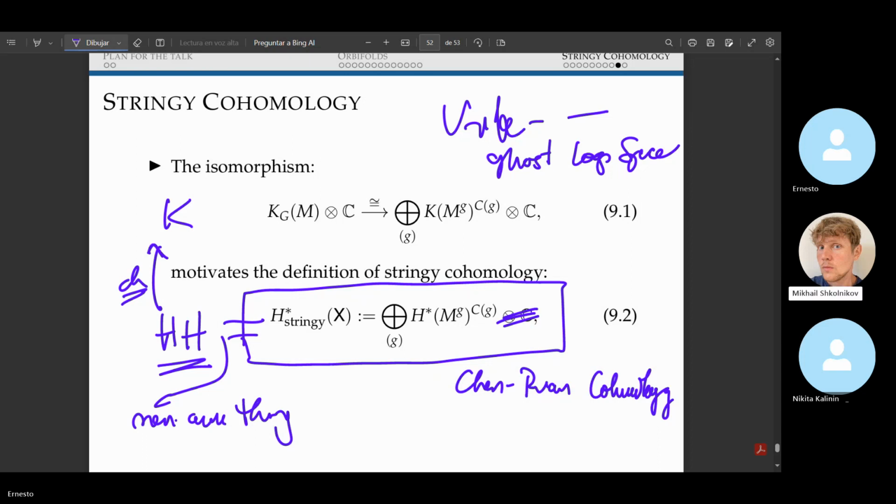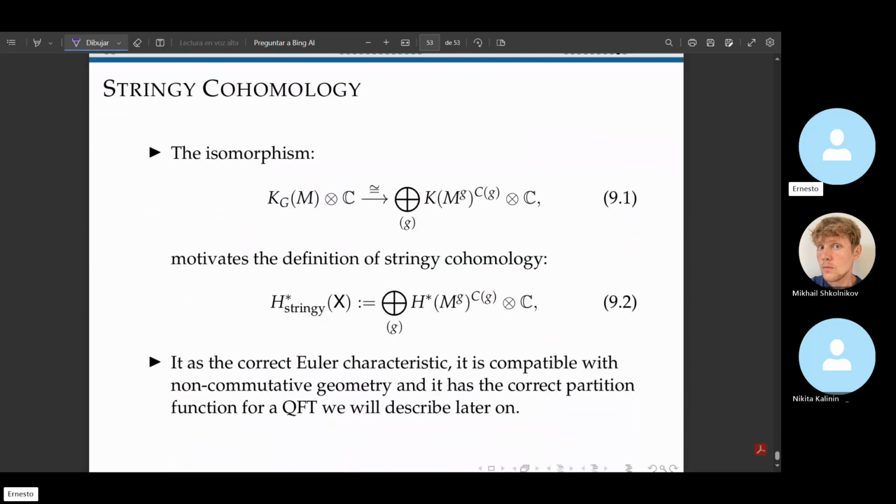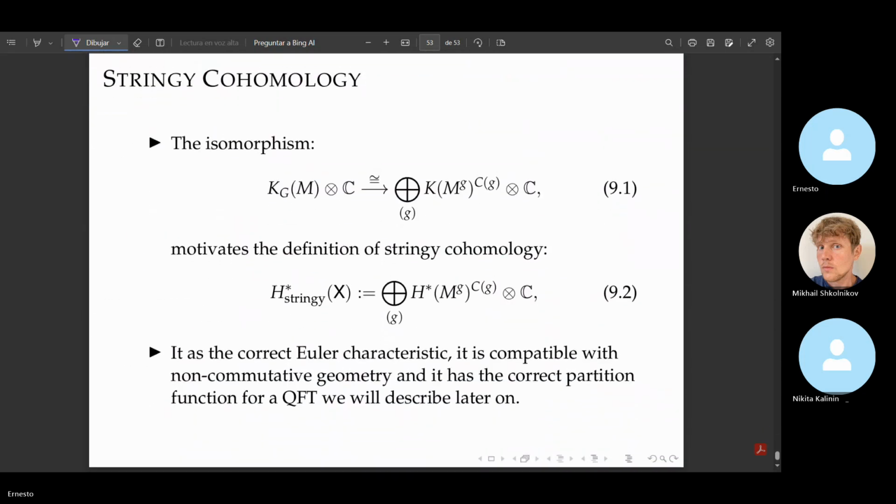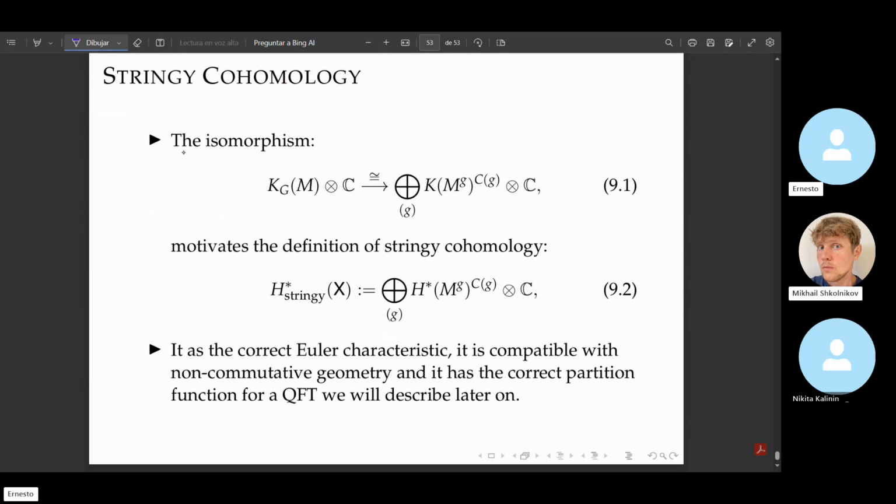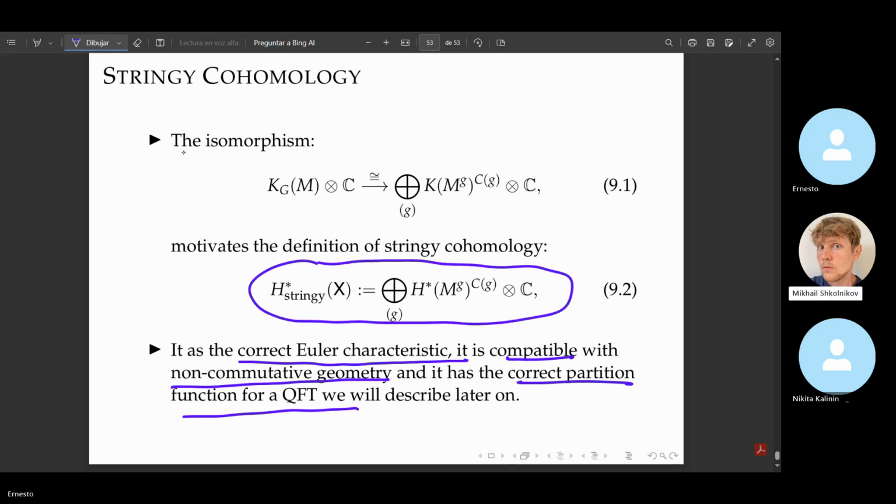Yeah, very nice. In any case, it is the correct Euler characteristic. It's comparable with non-commutative geometry, and it has the correct partition function for quantum field theory, as we will see. So we went today in search of orbifold cohomology, and we found it.